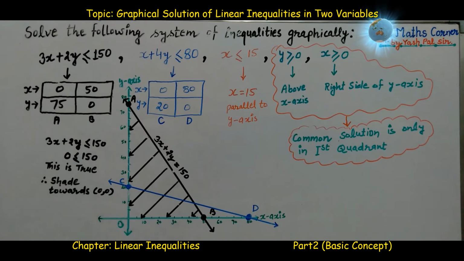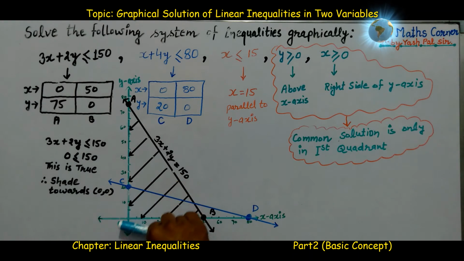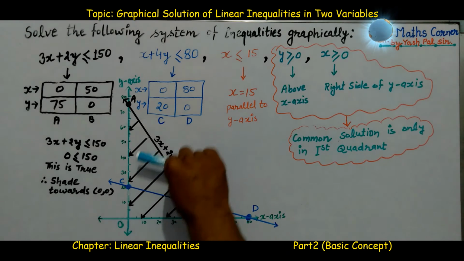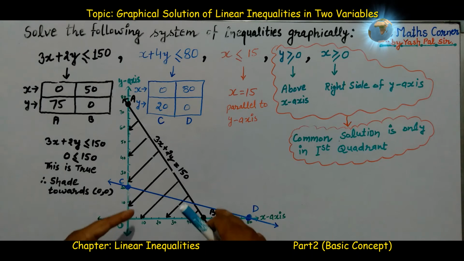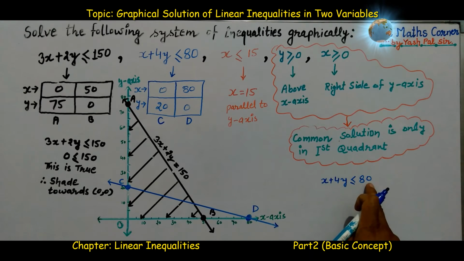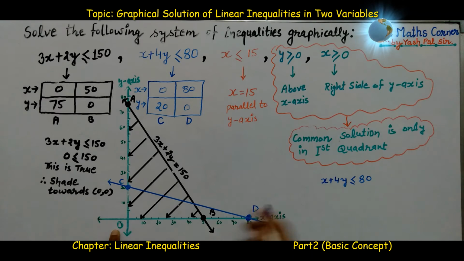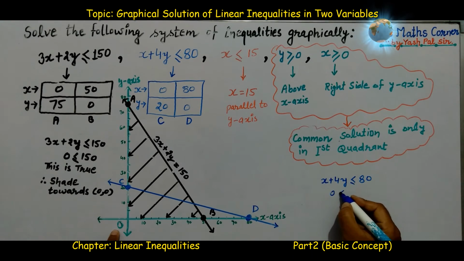Okay, now again two parts. One half is the lower side, the other the upper half. Which half should be shaded? Let us see. The inequality is x plus 4y less than or equal to 80. Now we take 0 0 again as the most convenient point, so the left hand side becomes 0. 0 is less than or equal to 80.